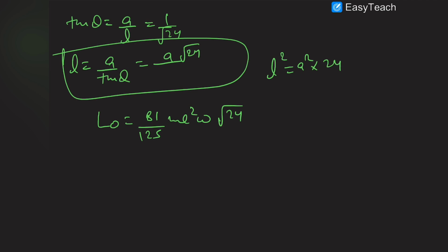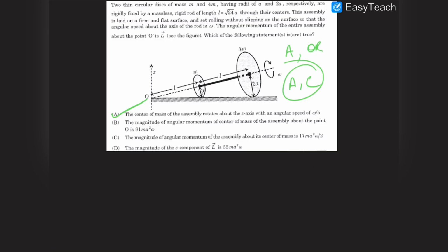So LO would be equal to 81 by 125 m a square into omega into 24 root 24. Okay, so you can see that 24 root 24 is approximately nearer to 125, but it is not exactly 125. So we could not say that LO is 81 ma square into omega. So this option is incorrect.